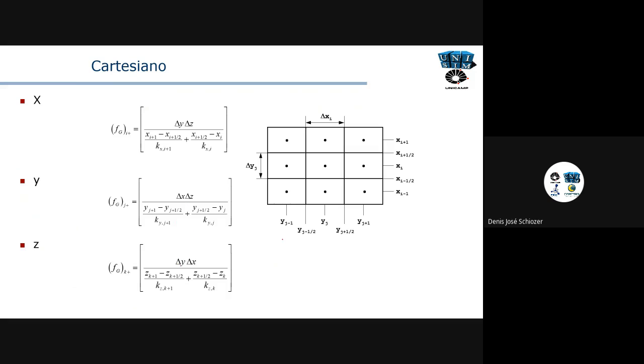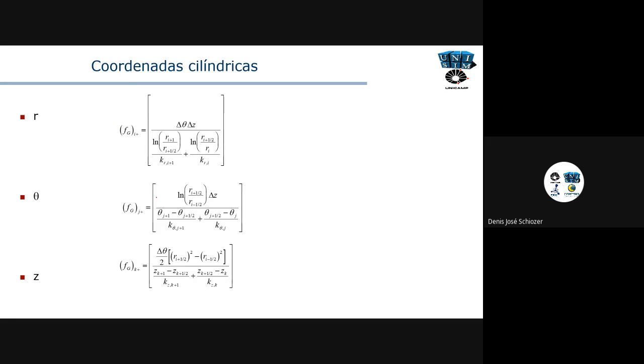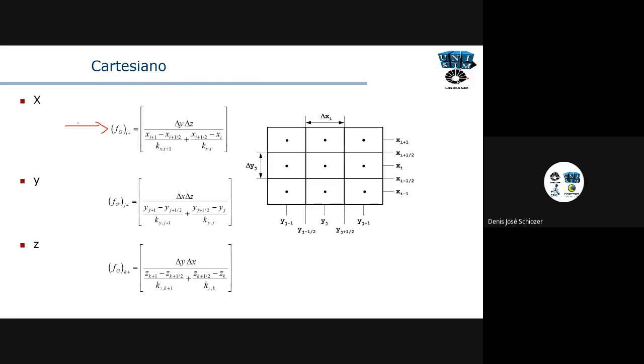Once we have simulators, here I'm giving examples of how we calculate these geometric factors from block to block, for Cartesian coordinates and for cylindrical blocks. Of course, if I have a more complex grid, we have a more complex geometric factor, but that's the only thing that changes when we change the grid, okay?